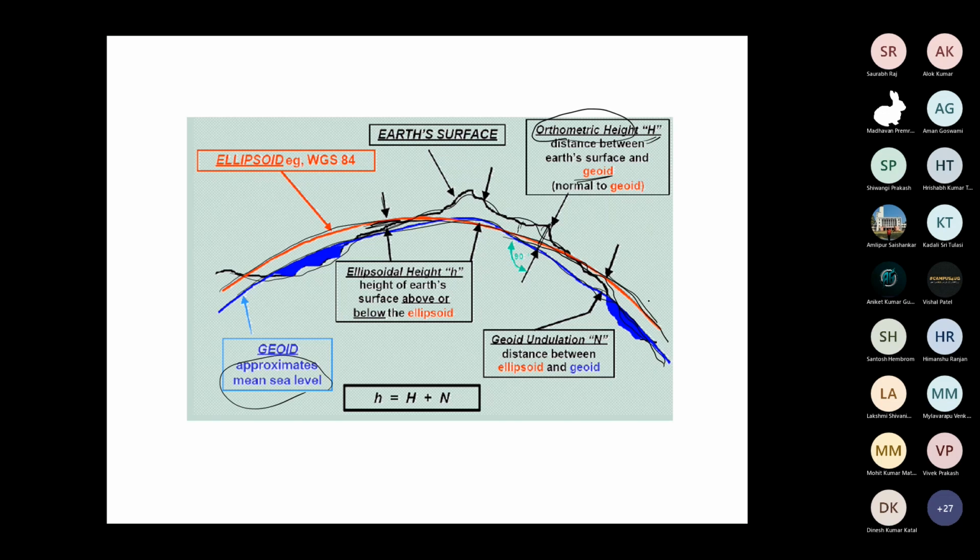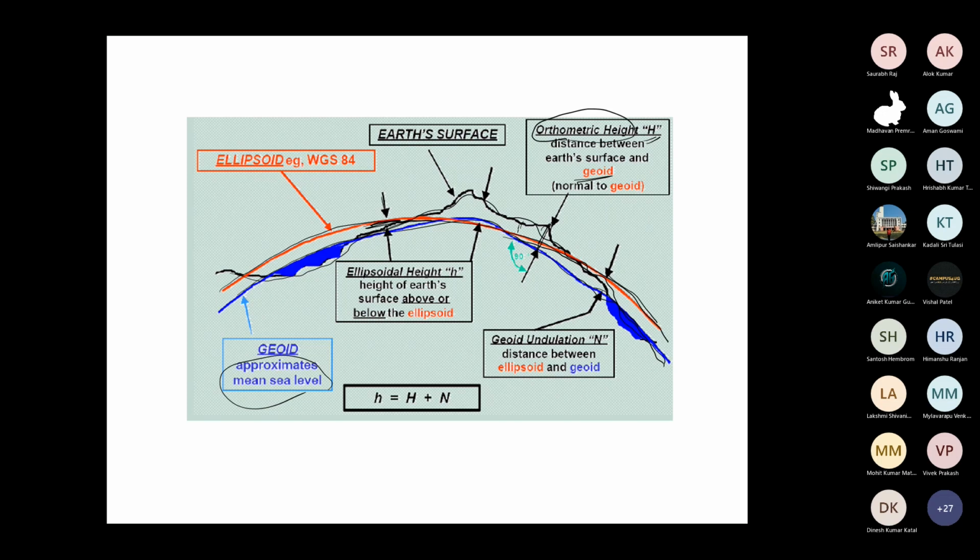So what have you learned so far? Tell me. We need a reference system for that. We need to consider a surface which can give us a good reference, so we are considering the geoid, and the ellipsoid.